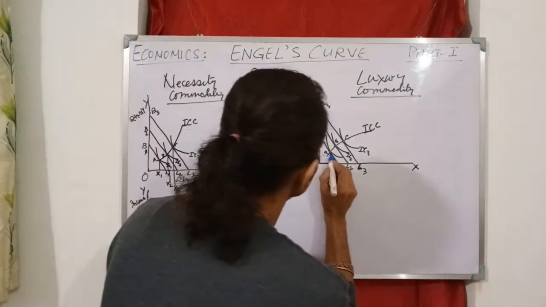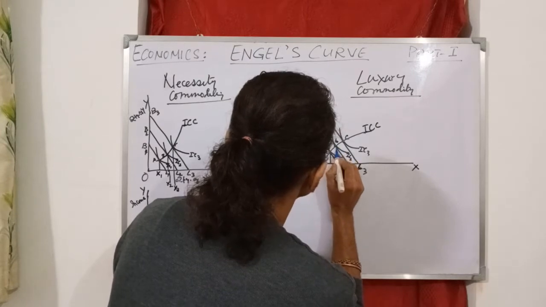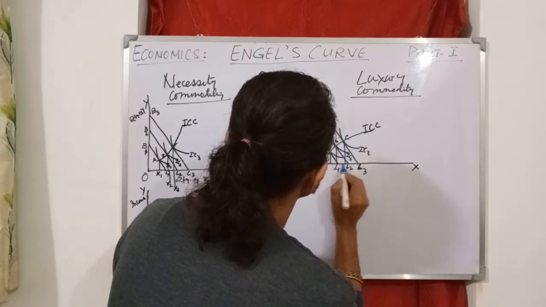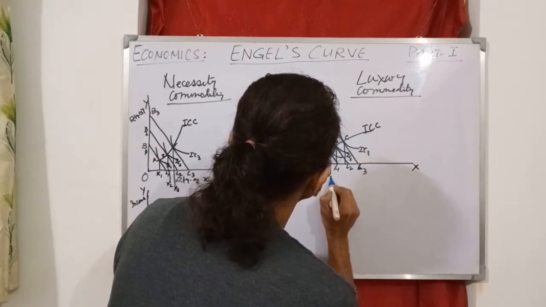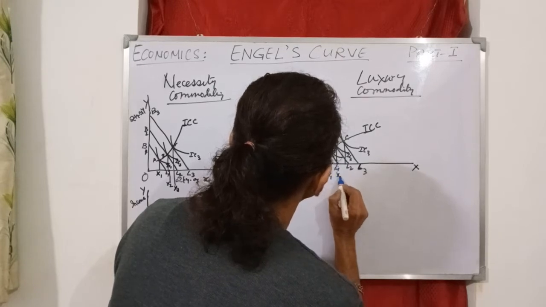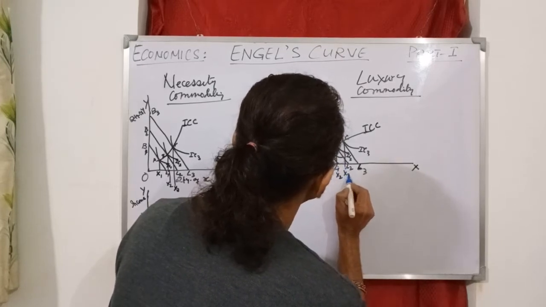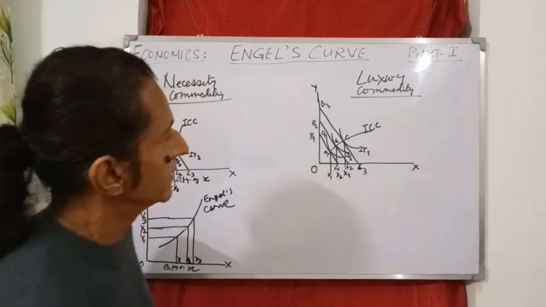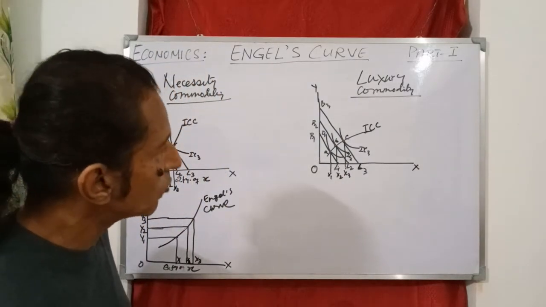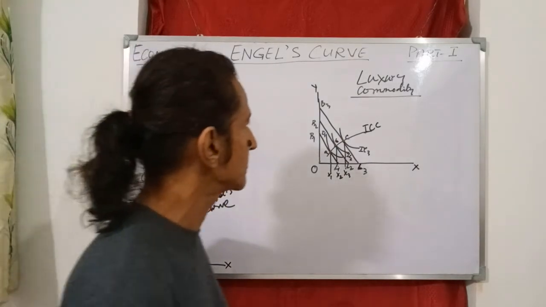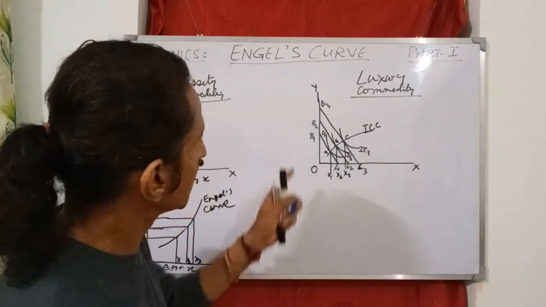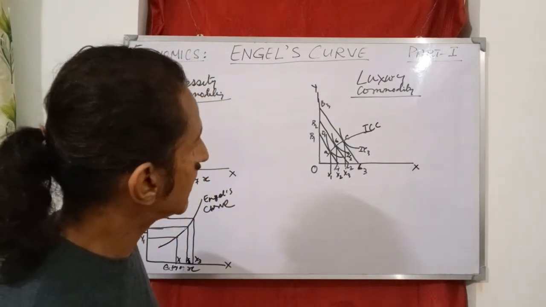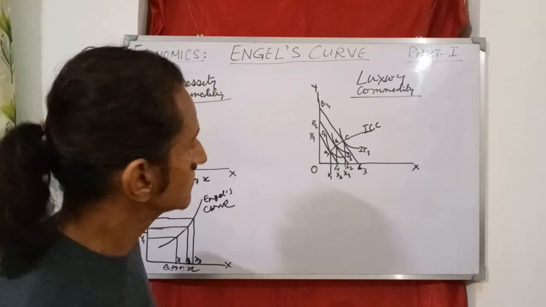Now you see, this is X1, this is X2 and this is X3. Initially the consumer was purchasing OX1 units of X with the budget line B1, L1 and indifference curve IC1.